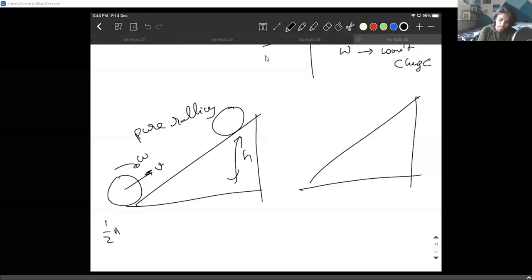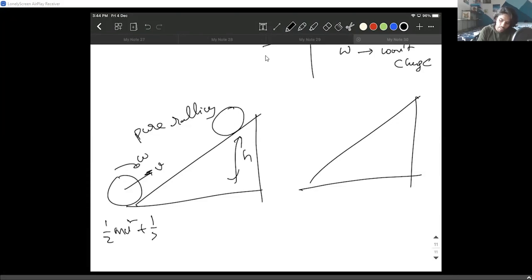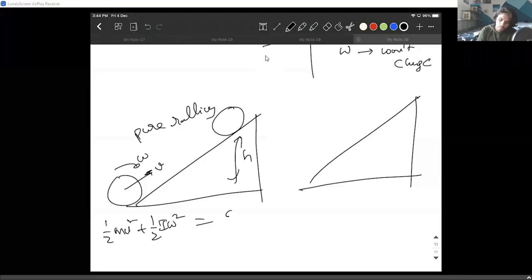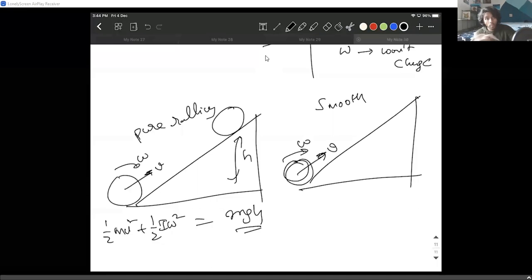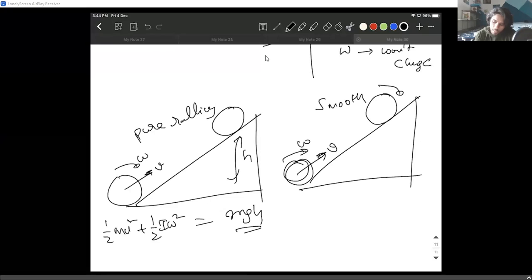So what you need to write is half mv square plus half I omega square equals, when it climbed to the topmost point, it only has potential energy, the maximum potential energy there. Now let's take a smooth case. Let's give the body some v and omega. Since it is smooth, the omega won't change. That's the point. So even at the topmost point, there will be omega. The v will not be there.